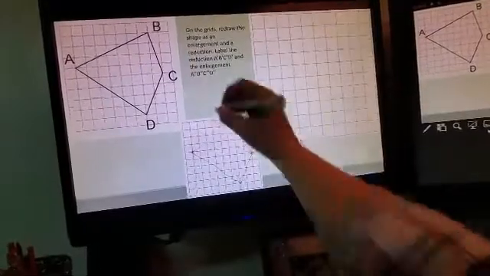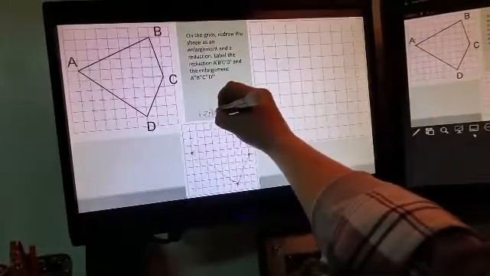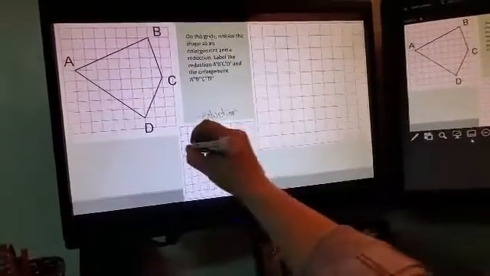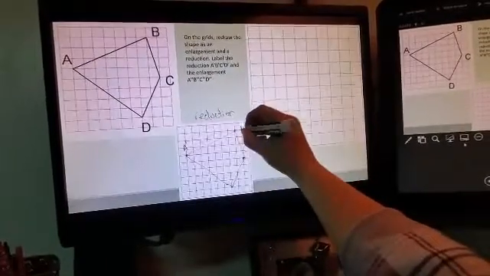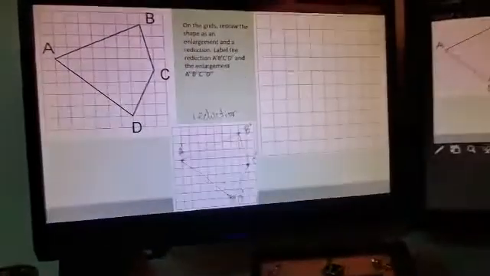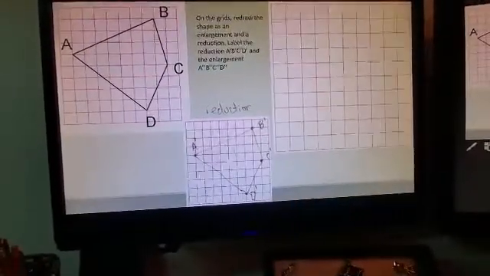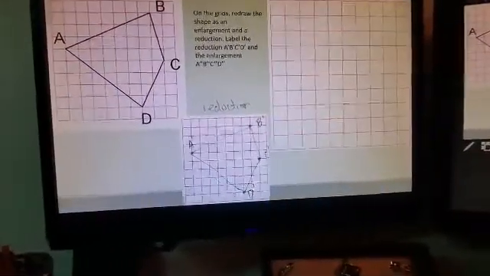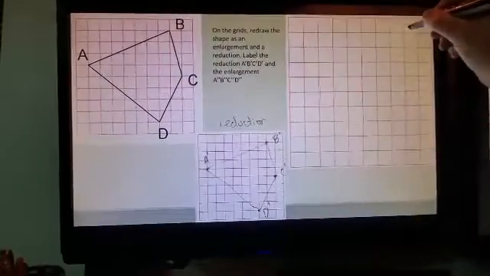So this is smaller, so this is the reduction. So let's label it. So this is going to be A prime, B prime, C prime, and D prime. Okay, now let's look at our enlargement. So we're going to do the same thing.